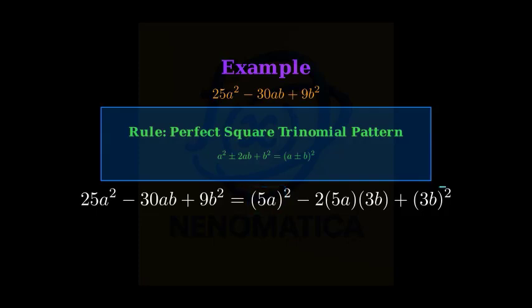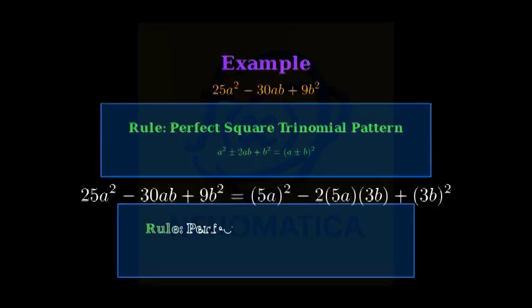Now, if this is truly a perfect square trinomial of the form (5a minus 3b) squared, the middle term should be negative 2 times 5a times 3b, which is negative 30ab. And indeed, our middle term is negative 30ab, which confirms this is a perfect square trinomial. Therefore, we can factor this expression as (5a minus 3b) squared.